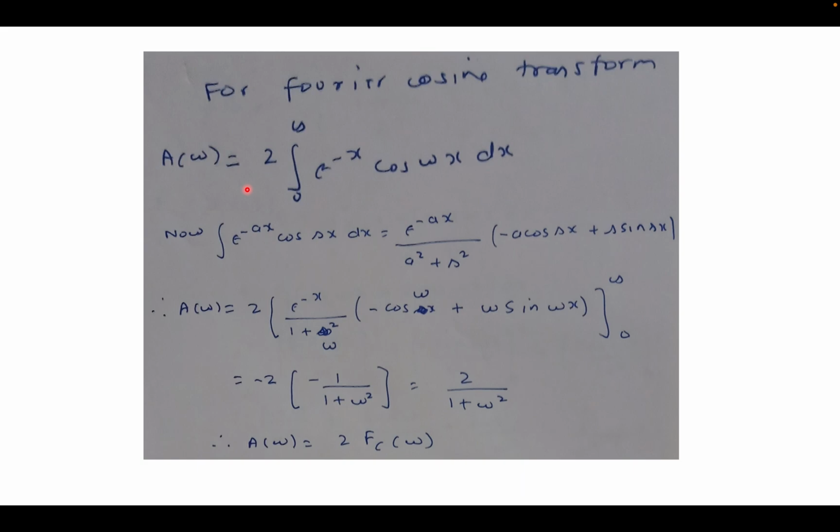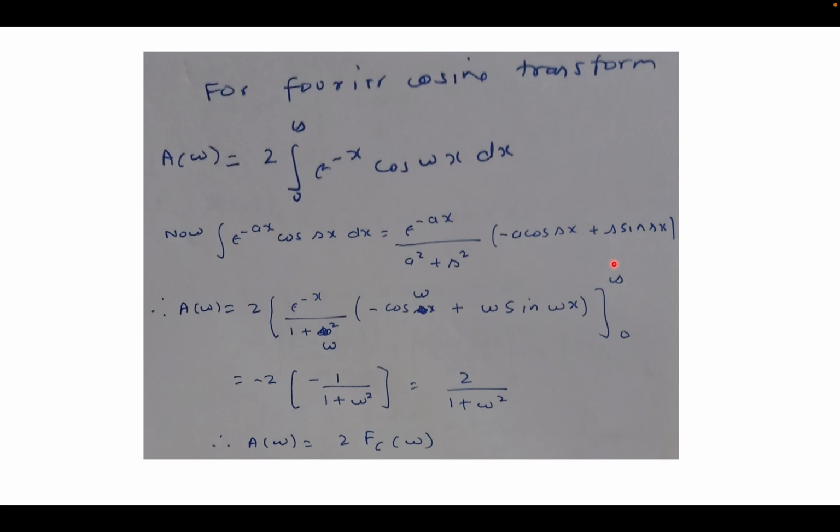Now if you use the following integration property, which is that the integral of e power minus ax cos sx dx is given by e power minus ax upon a square plus s square times minus a cos sx plus s sin sx, here the value of a is 1 and the value of s is omega. So I will get A omega is equal to 2 times e power minus x upon 1 plus omega square times minus cos omega x plus omega sin omega x, right? Now the limits are from 0 to infinity.